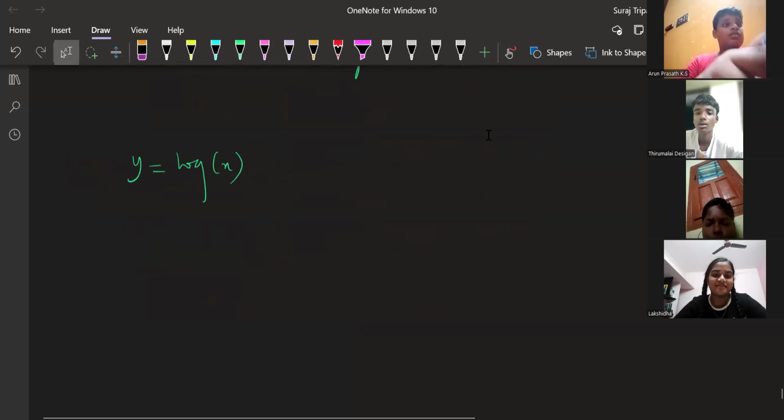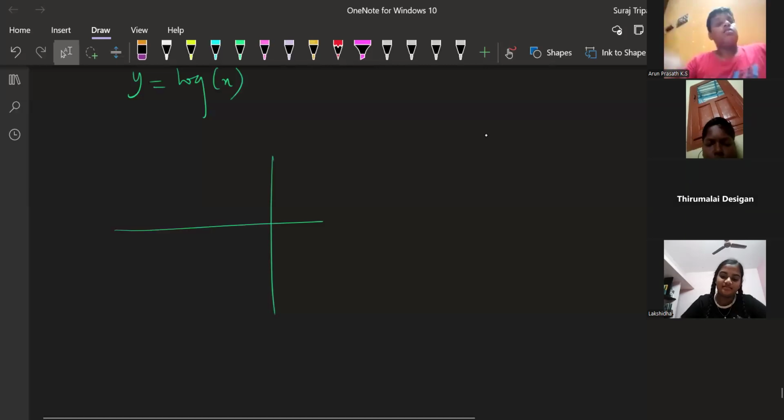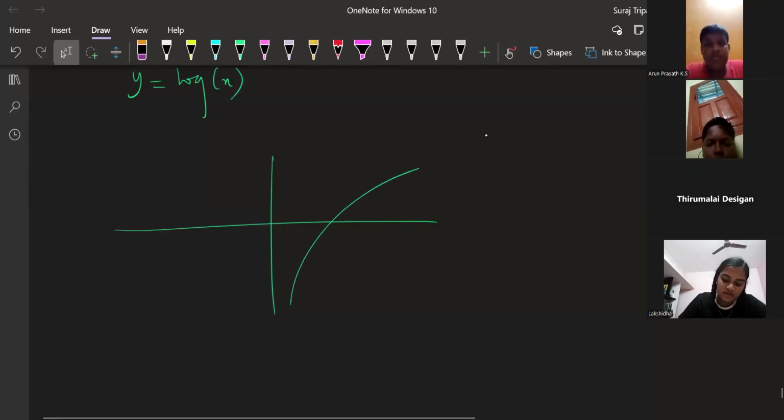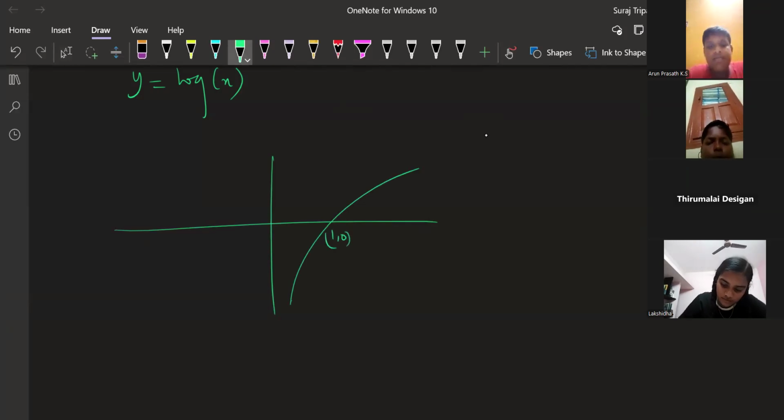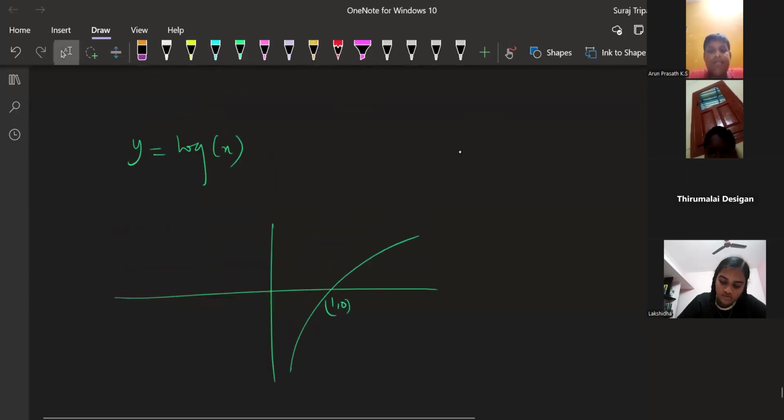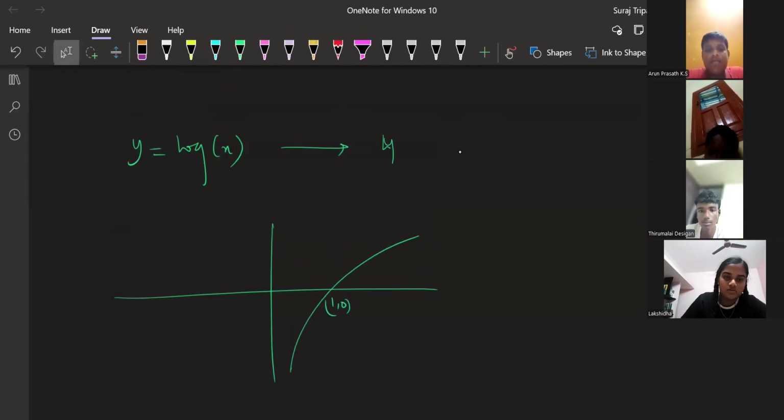What is the graph of y equals log x? So this is the graph of y equals log x. Right? This point is (1, 0). Now we have to shift this graph from y equals log x to y equals log(x minus 3).